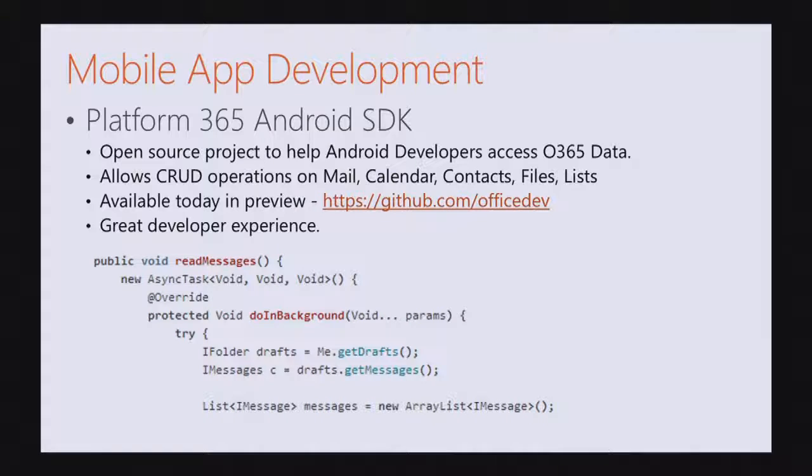So this is an example of what the coding could look like. So this, I think, fits right well with this crowd. We're talking about interop, right? We are also working on an iOS SDK, and of course we have a .NET SDK in Visual Studio, which I think Matthias kind of alluded to.